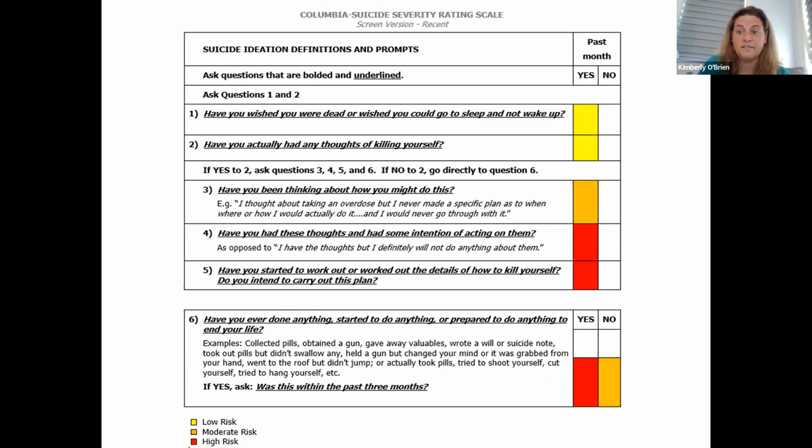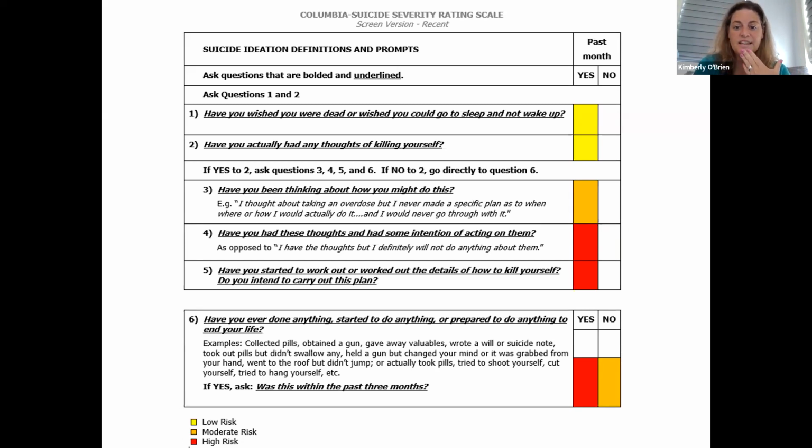So if they answer yes to either question 1 or 2, then you ask questions 3, 4, 5, and 6. If they say no to 2, so if they haven't had any thoughts of killing themselves in the past month, you then skip to 6. And 6 is the question of, have you ever done anything, started to do anything, or prepared to do anything to end your life? So that's basically asking about past history.